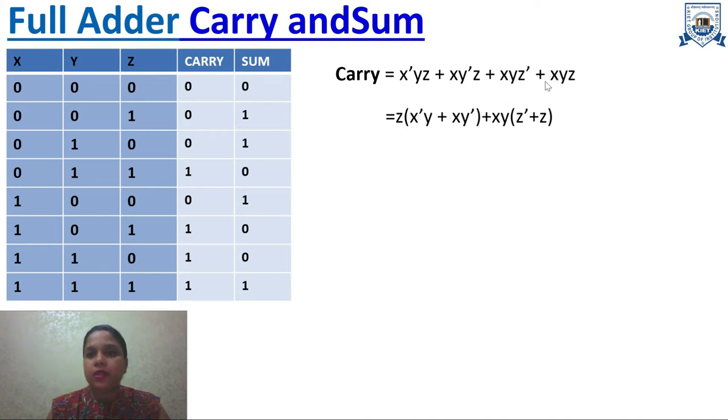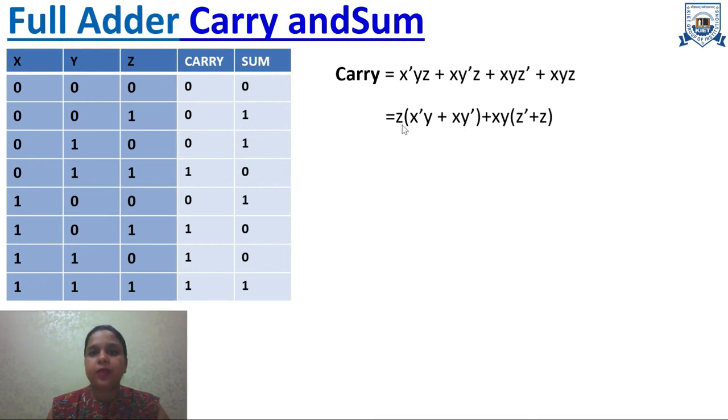And from these two, xy is taken common, and then it will be z bar plus z. Now you must know, if any Boolean value is added with its complement, then this results to 1. So this value will be 1. It means that xy dot 1 is here. So it will be xy only.